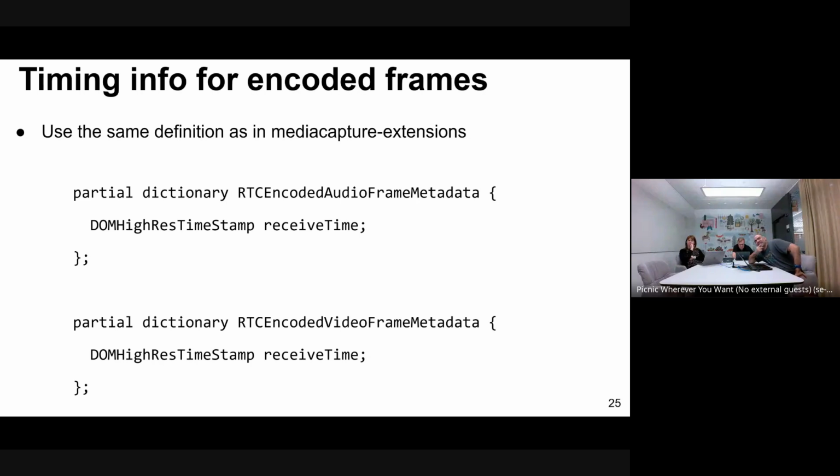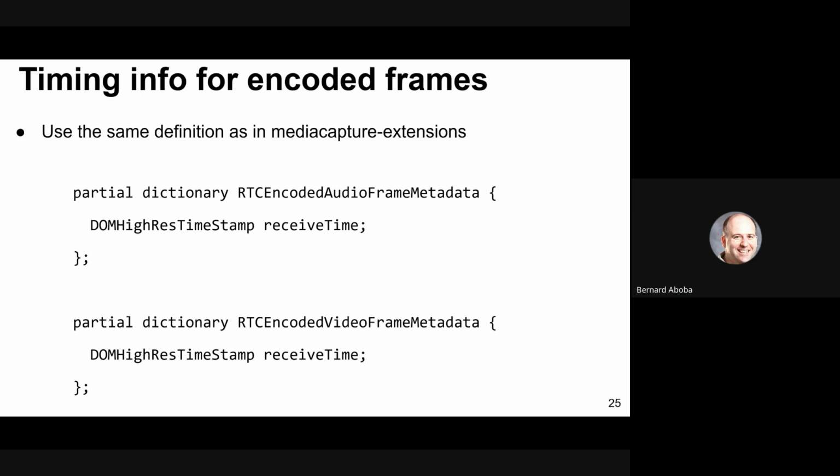Bernard? Yeah, I think this is a good proposal, and I particularly like the idea of having it in both WebCodecs and in encoded frames. I think that's pretty important that it be in both, because we could want to do lip sync with WebCodecs stuff as well as with WebRTC. I'm not very clear about WebCodecs, but we might be able to discuss that on GitHub, on the WebCodecs repo then.